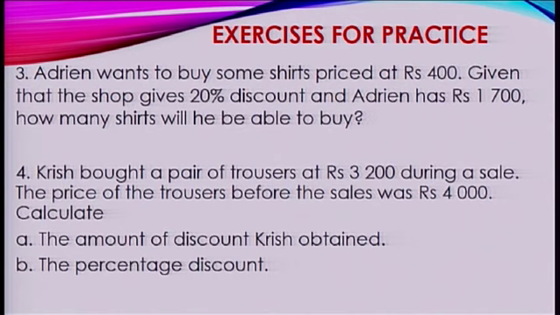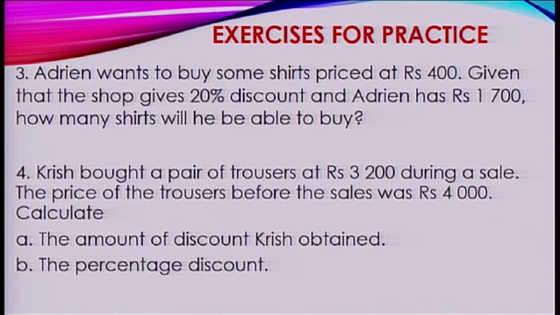Question 3. Adoya wants to buy some shirts priced at 400 rupees. Given that the shop gives 20% discount and Adoya has 1,700 rupees, how many shirts will he be able to buy? Question 4.